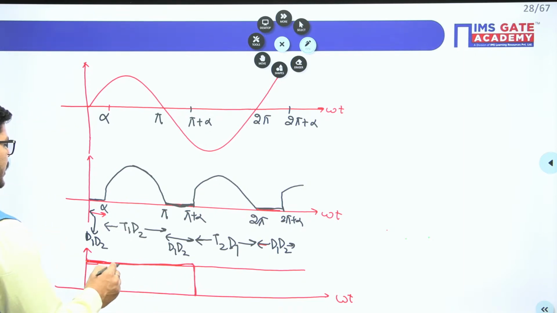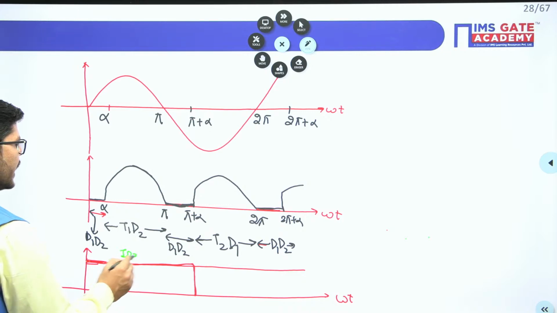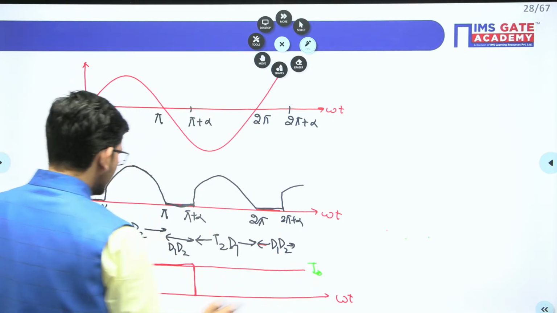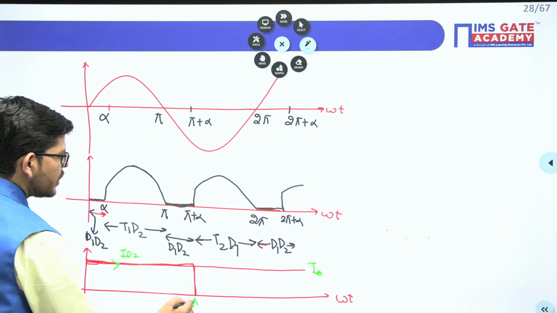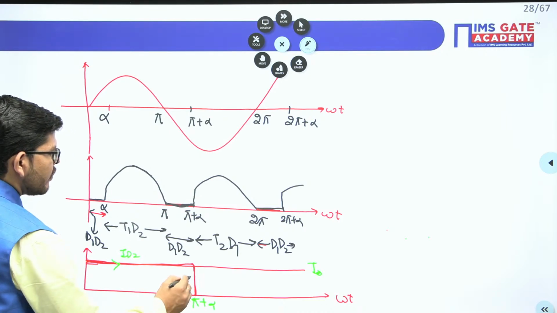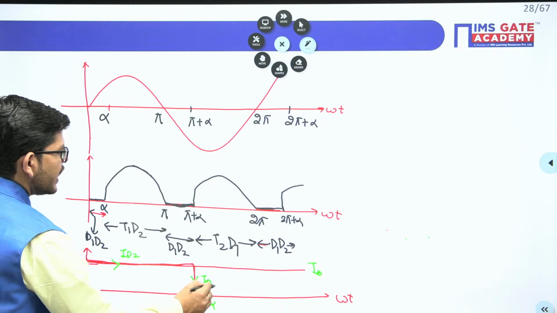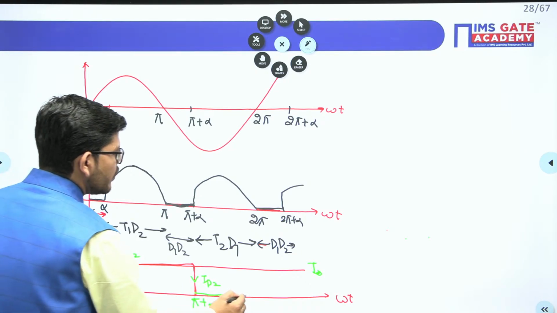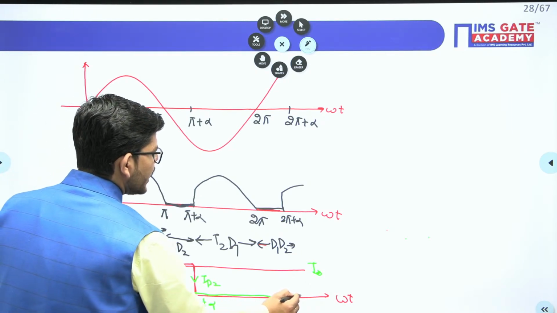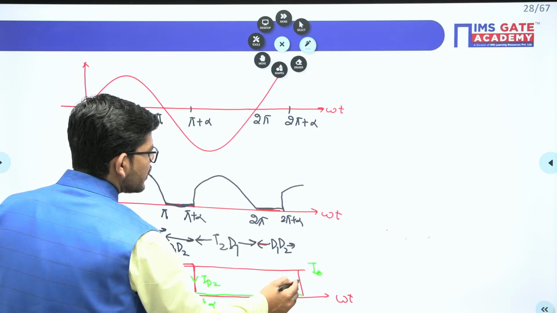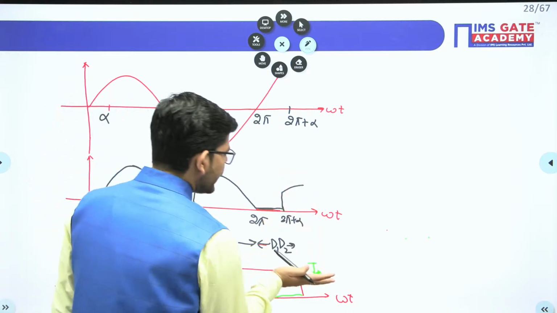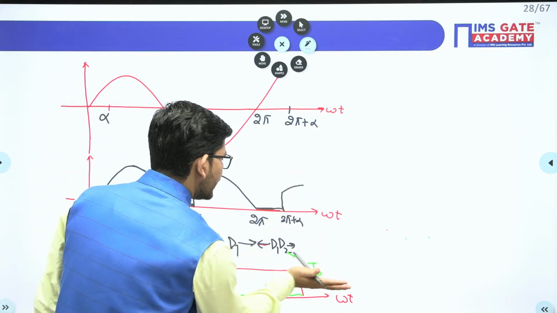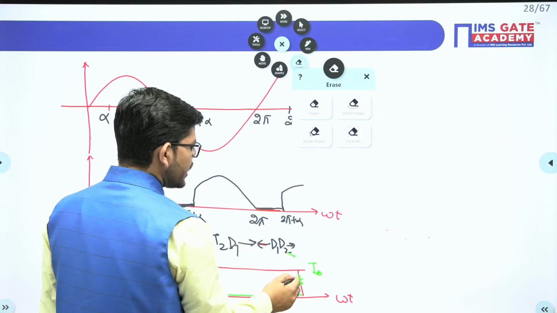This is the current of ID2, and this is your I naught current. It starts conducting from omega t equals 0 up till pi plus alpha, and for the rest of the moment it will be 0. It will be turned on again at omega t equals pi, and at omega t equals pi, we will again have D2 conducting.